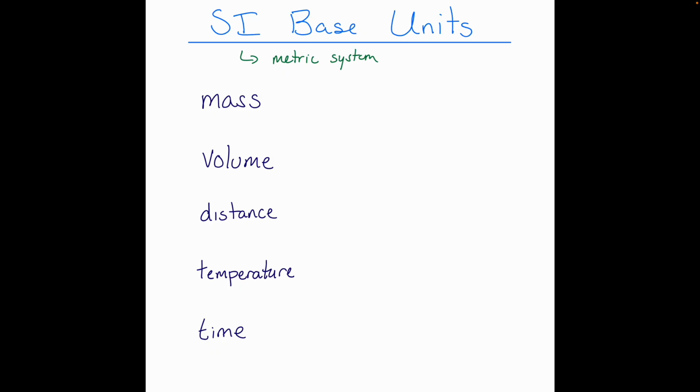All right, for mass, our base unit is going to be the gram. And for that, we use this lowercase g to represent grams. For volume, our base unit is the liter, capital L. Right? In the US, we're more accustomed to gallons or cups or whatever it is. They use liters. For distance, we're going to use the meter, which is a lowercase m.